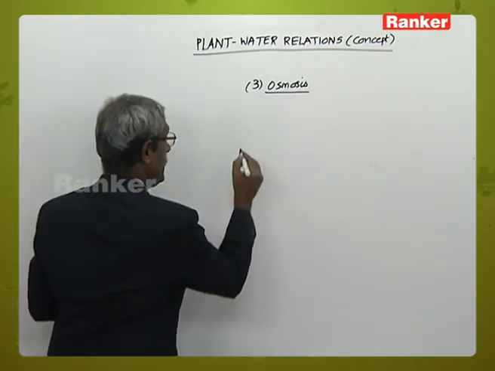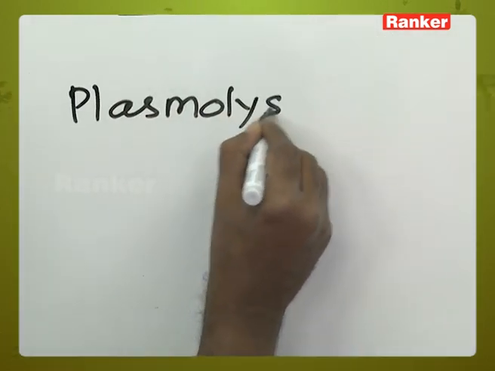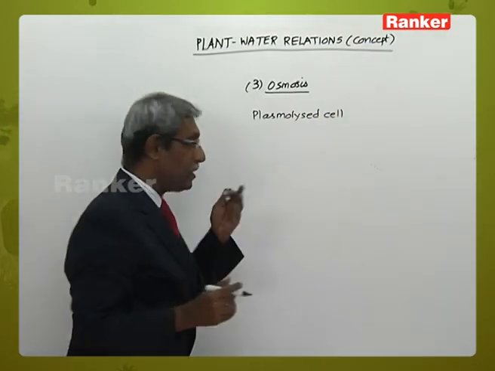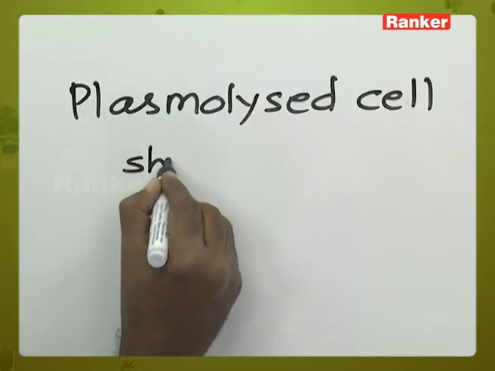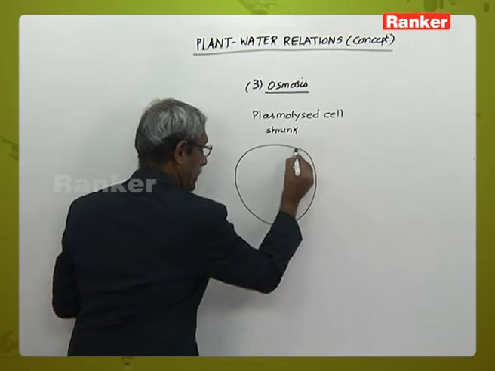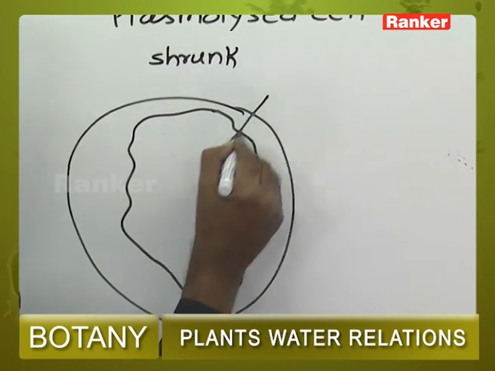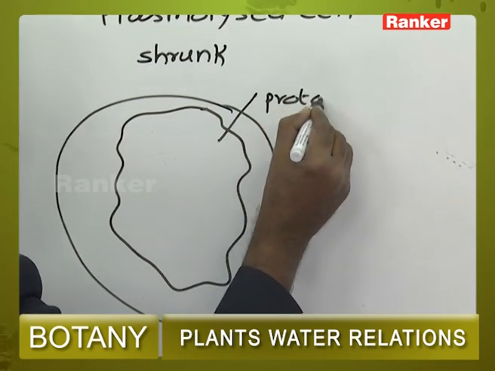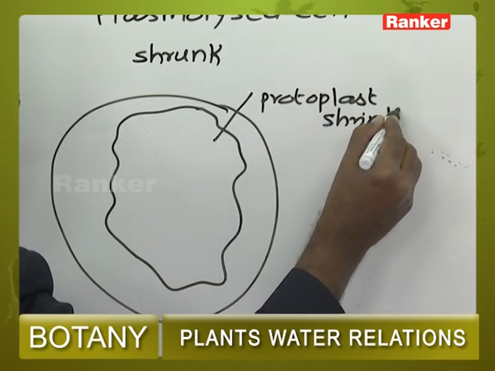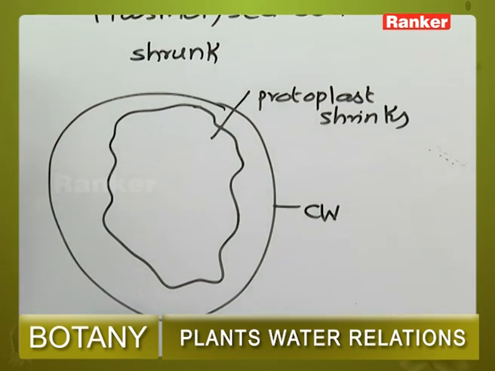What happens in a plasmolysed cell? Suppose a cell has shrunk. You have a cell, the protoplasm shrinks. This is the cell wall, and we have a plant cell.